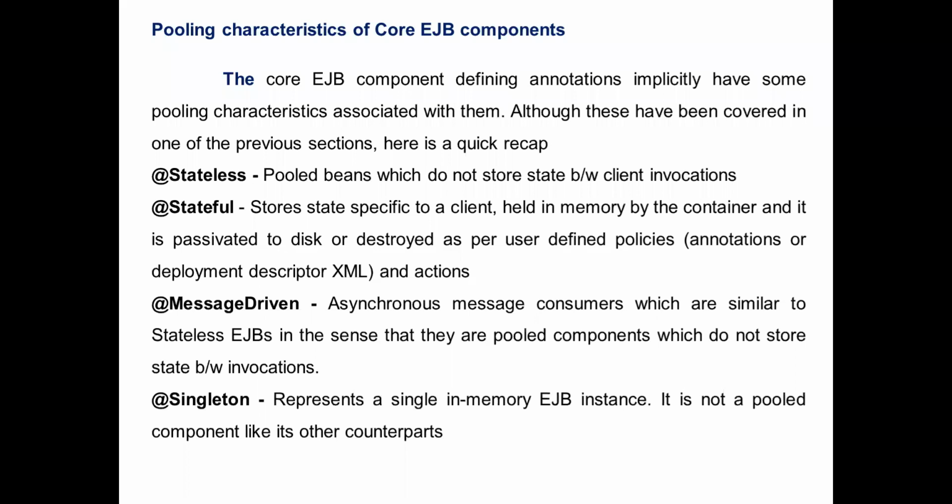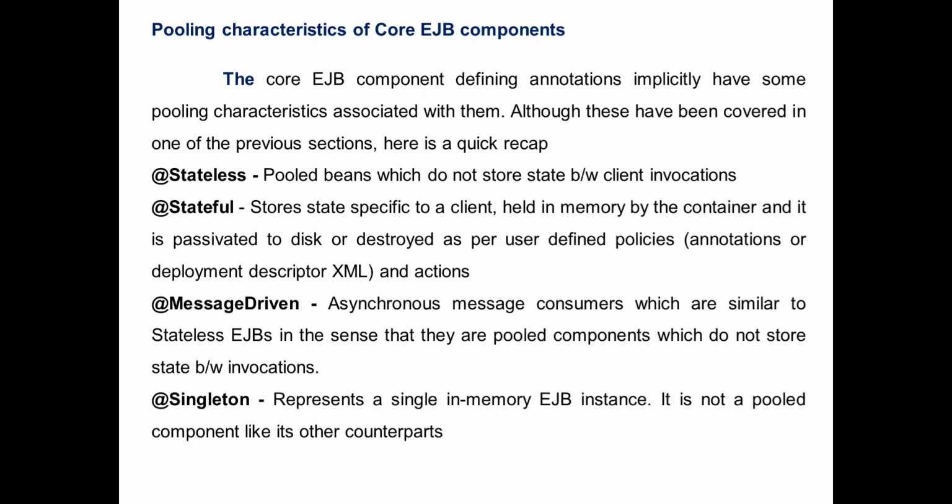And the third one is message driven, which handles asynchronous messages. It is similar to the stateless EJB, since it is a pooled component which does not store state between invocations. Message driven means the message is stored asynchronously so that the consumer can access the bean, as in the stateless EJB.